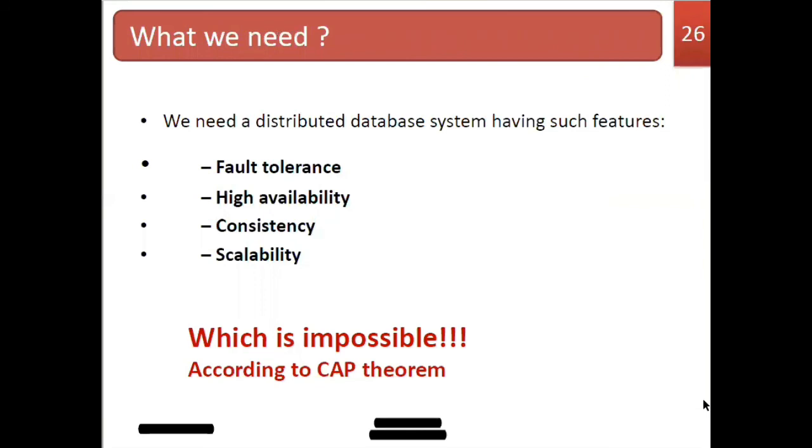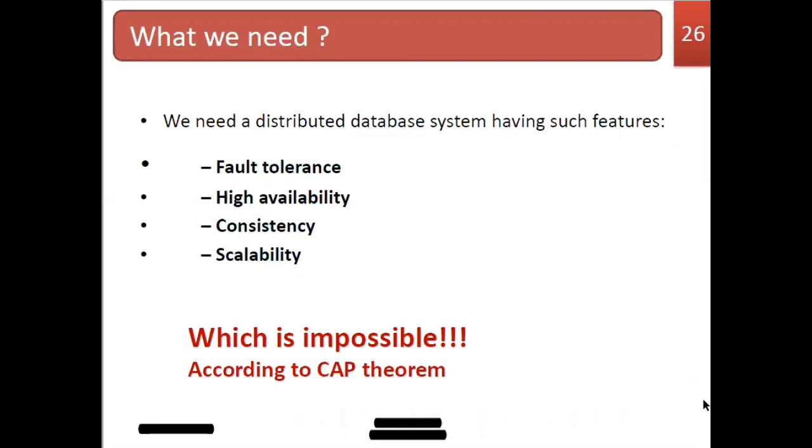The next point is, since the NoSQL databases are very much used in distributed environments, we call it a distributed database system. But when you are going to work with databases, mainly 4 features must be applied. So we need 4 features here: fault tolerance, high availability, consistency, scalable.